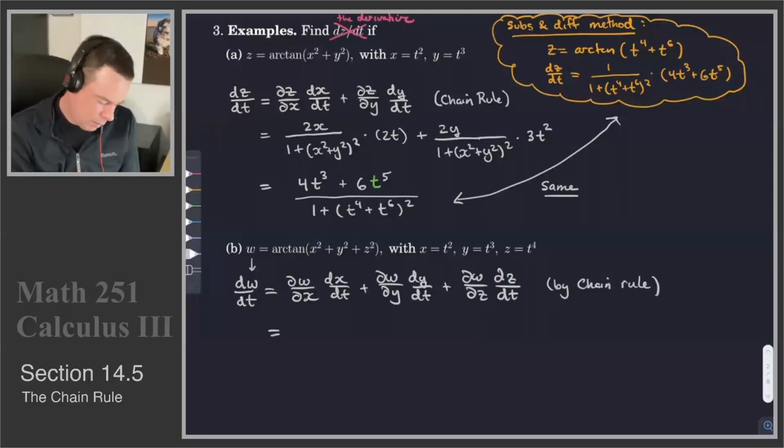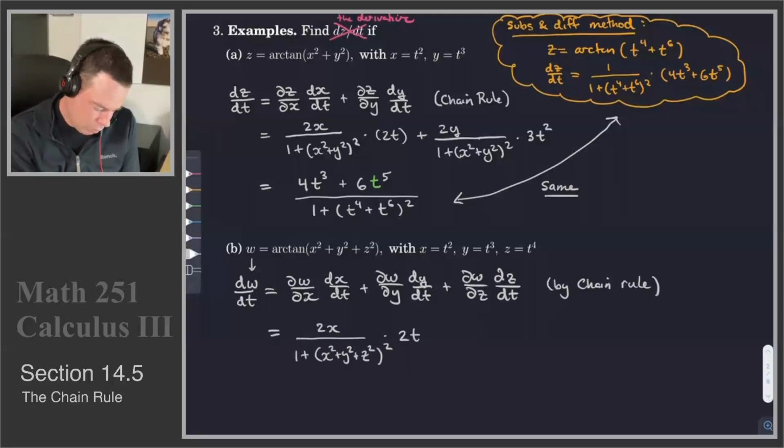And then in this case, we get the partial derivative of w with respect to x. That's going to be 2x over 1 plus the inside all squared. That's the derivative of the arctan part, x squared plus y squared plus z squared, times dx dt.